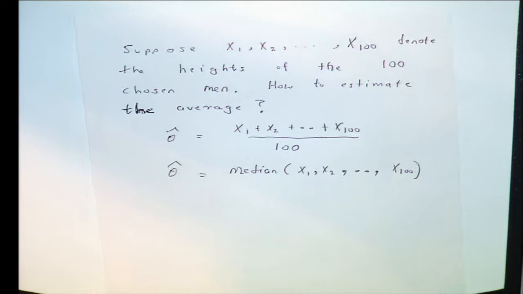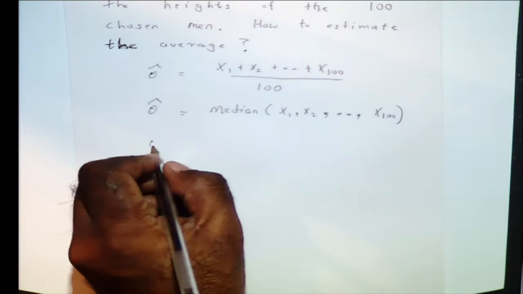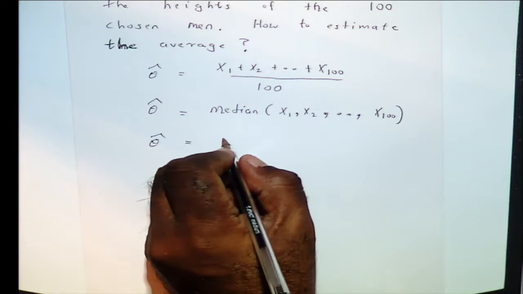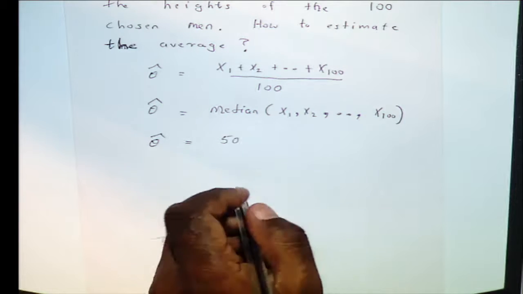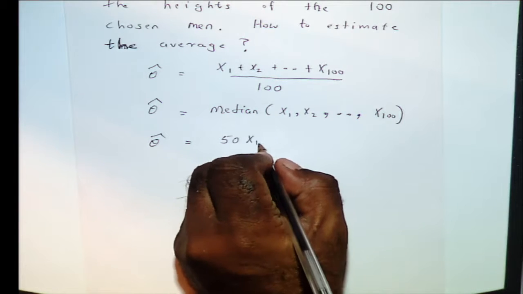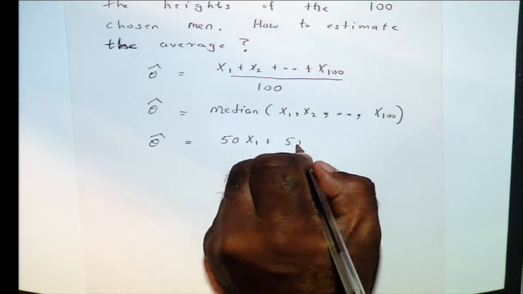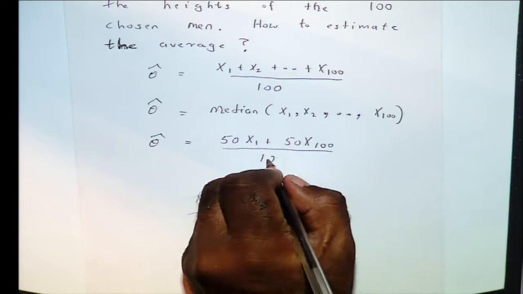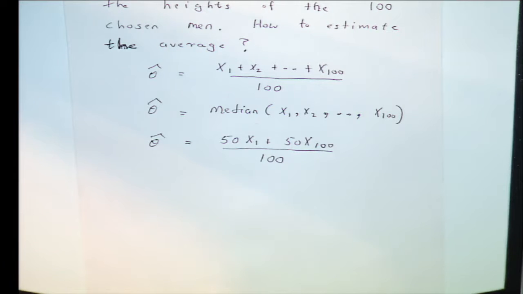You could also take theta hat to be that. So here you're just summing the first and the last heights and multiplying by 50 and dividing by 100.